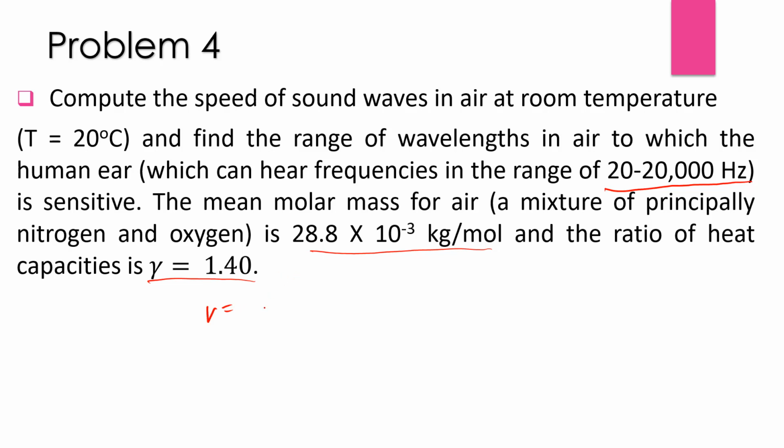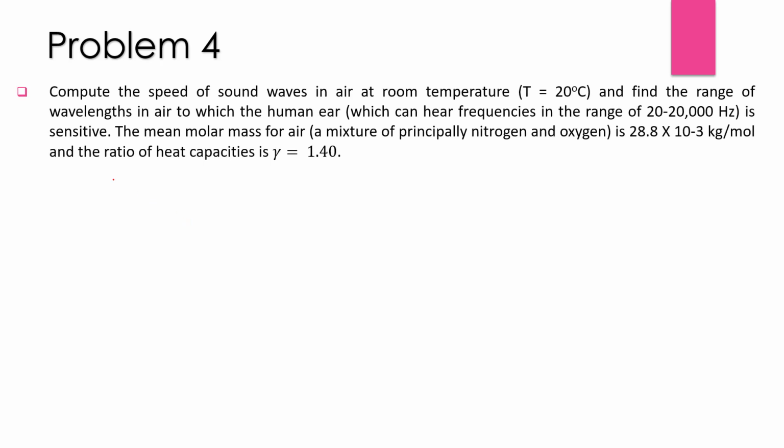Okay, so we need to solve for v in air. We have to take note that in air, the speed of sound is dependent on temperature. Given is that the temperature is around 20 degrees Celsius. We can now solve for v, and this is equal to the square root of gamma R T over the molar mass M. Gamma for air is 1.40.